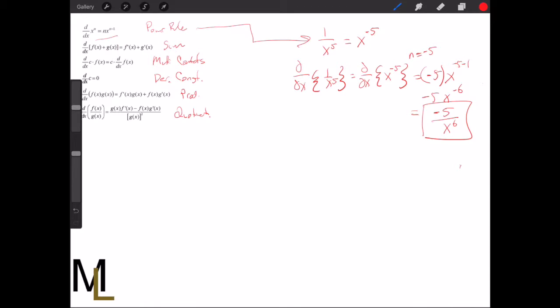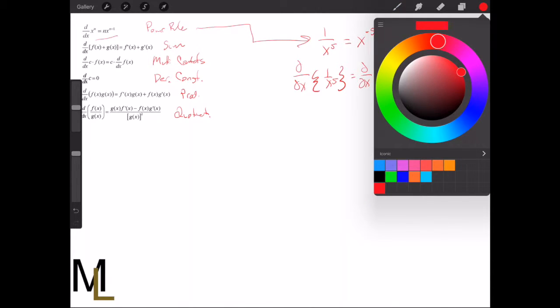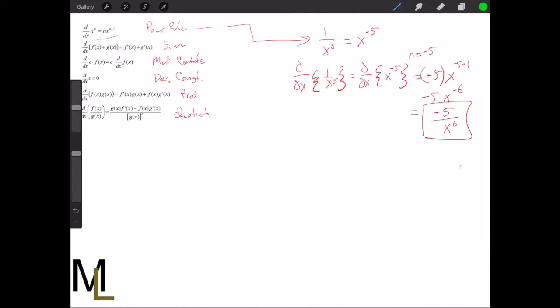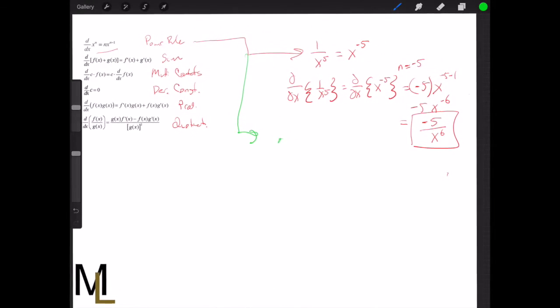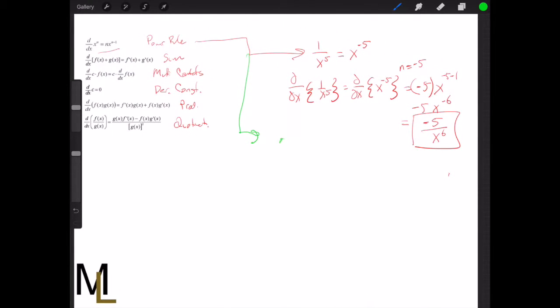Okay. So some other things you might want to look out for is that some books will start using different variables. So don't get confused because, once again, it's the same kind of thing. So I could easily write this problem up here as d over du, derivative of 1 over u to the 5th.